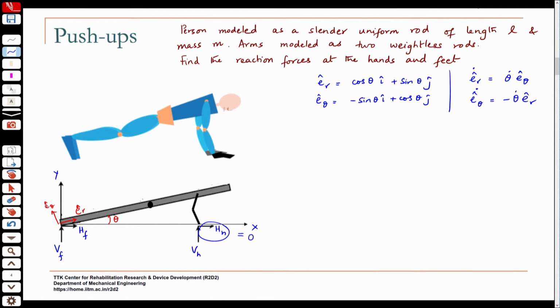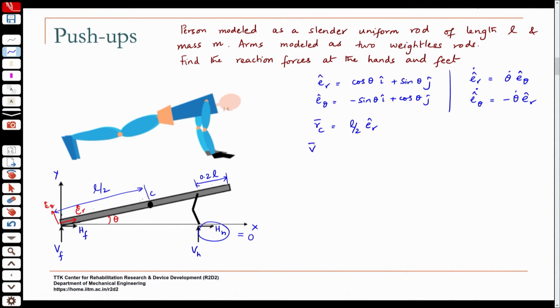So, this is the center of mass of the rod, at L by 2. Let us say this is located at 0.2 L. So, then I have R_C equal to L by 2 E_R.